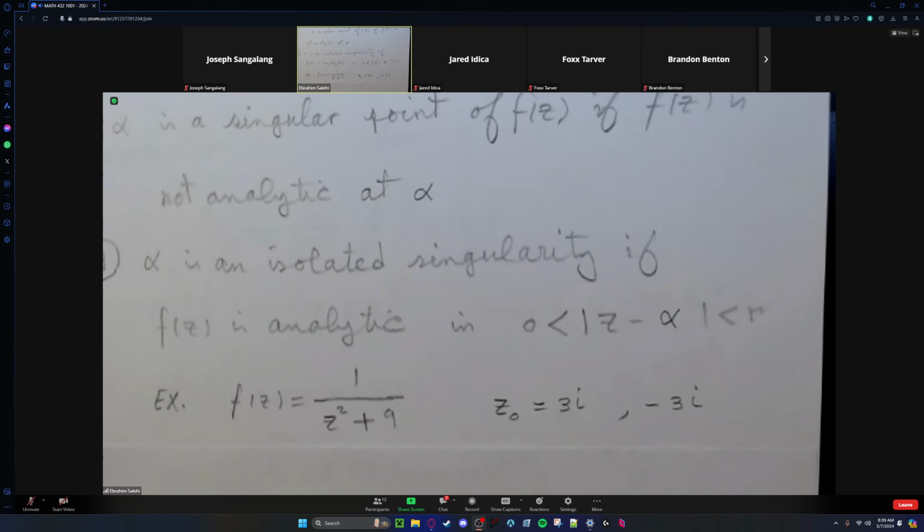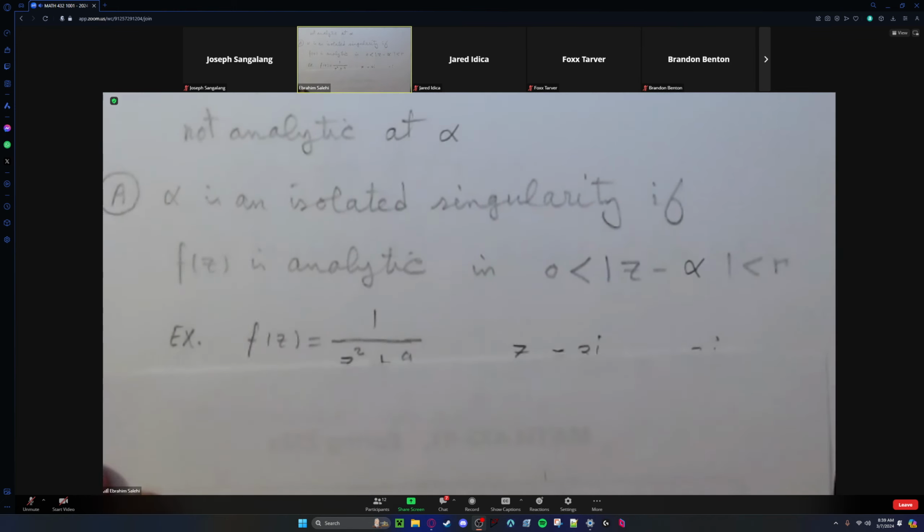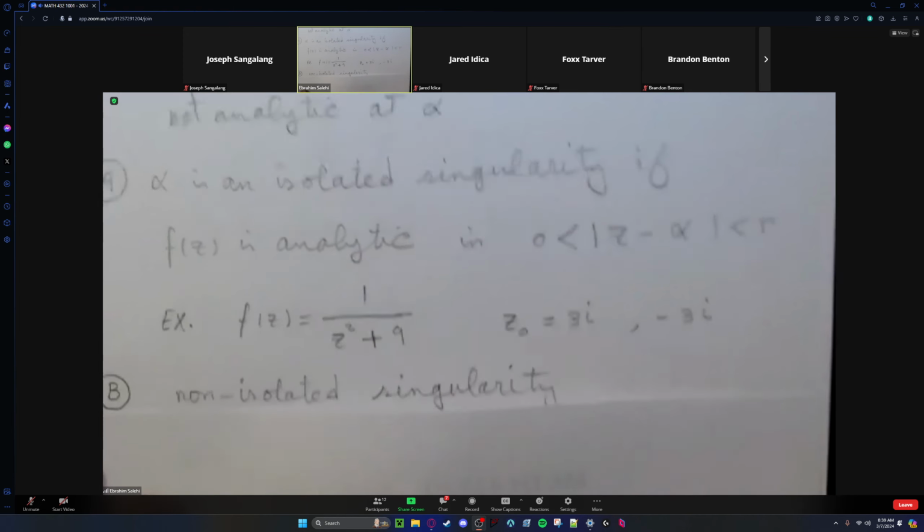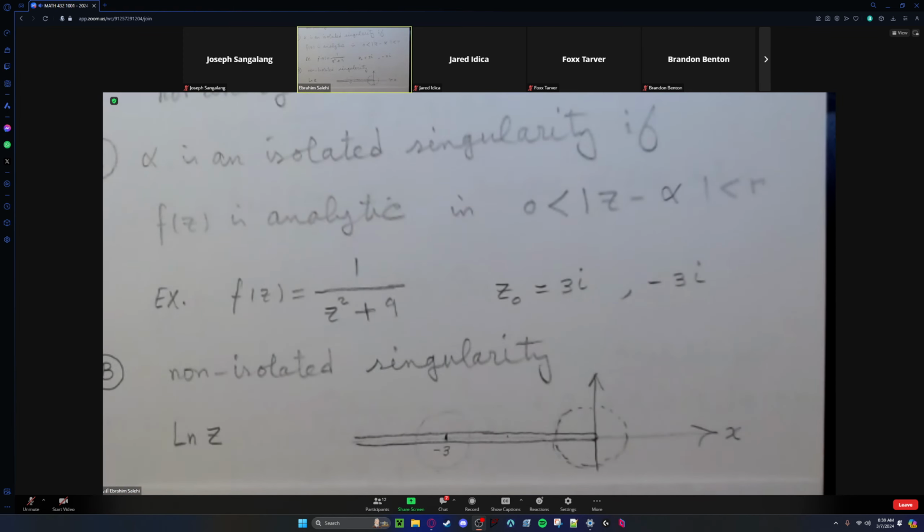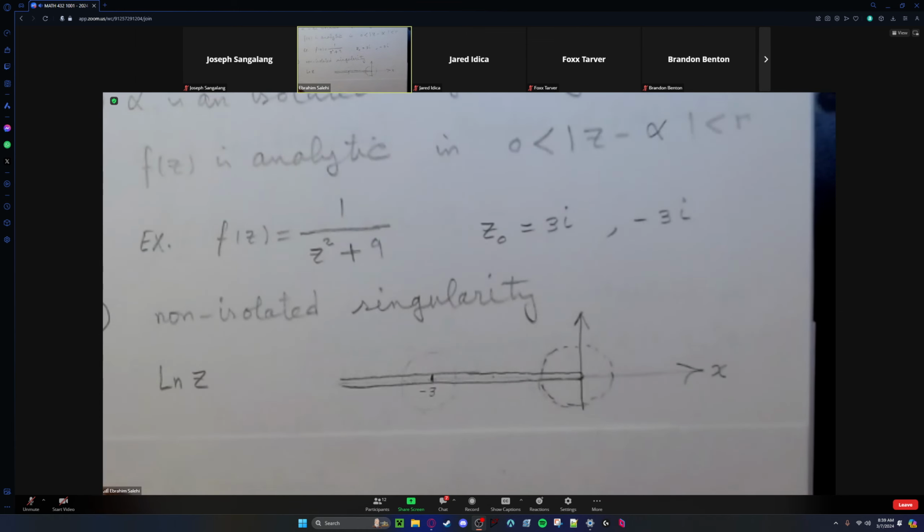Do we have non-isolated singularity? Yes, we do. And usually it happens when you're dealing with logarithm, okay? Here is the logarithm. Choose any point on the negative direction of the x-axis or even 0. Although log of negative 3 is defined, the function doesn't have derivative in this area, okay?